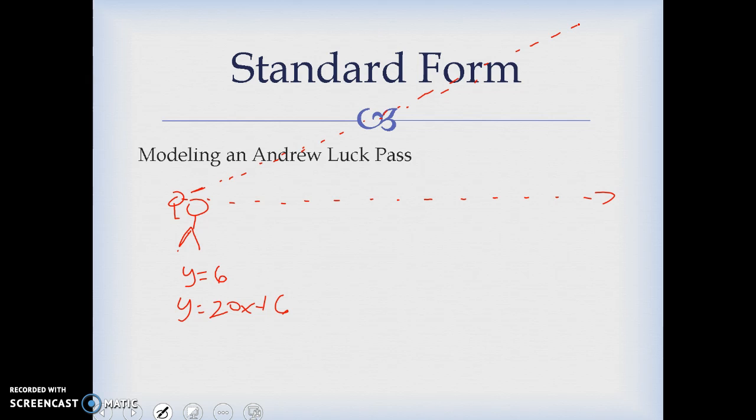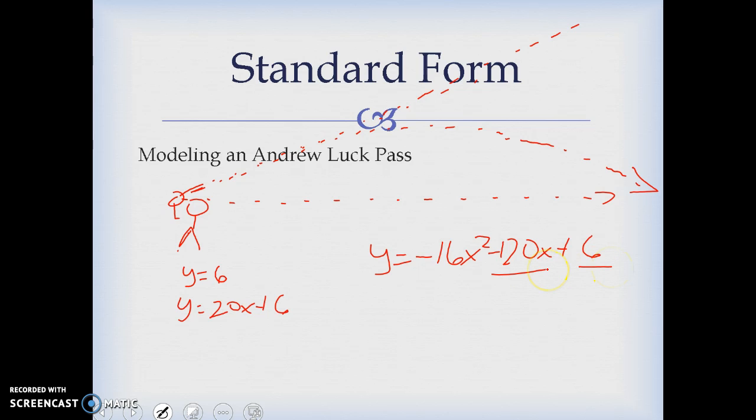We know that what happens is the ball starts by going up in the air, and then eventually, because of gravity, comes back down. And so to describe that equation, we would have something like this: negative 16x squared plus 20x plus 6. The 6 gives you the initial height.